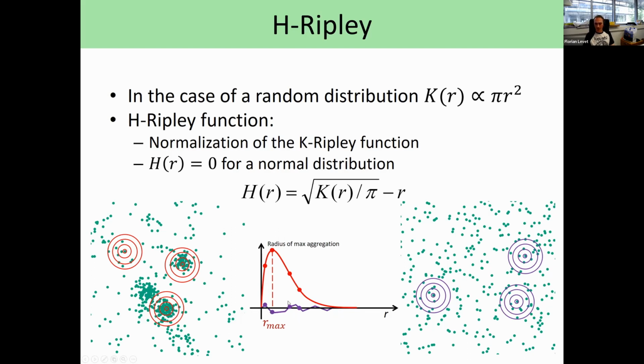So the one for the random keeps going around 0, and the one for clustered data will go up, reach a maximum, and then go back to some randomness. And in this case, the max is the radius of maximum aggregation in your data. So it will give you the radius of the cluster in your data.